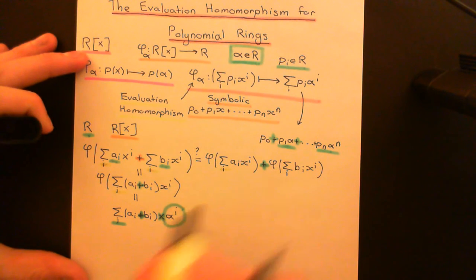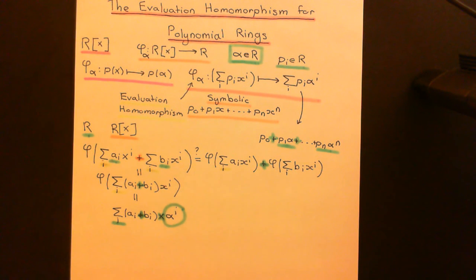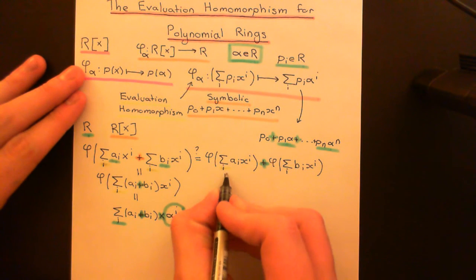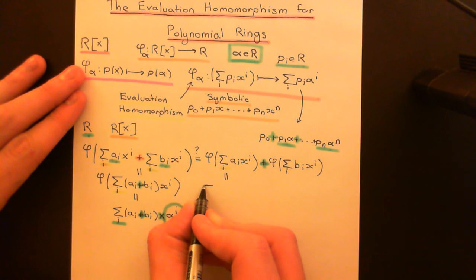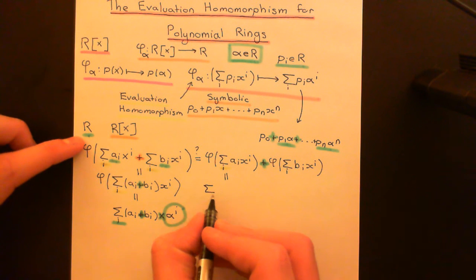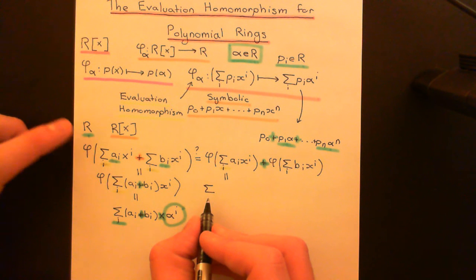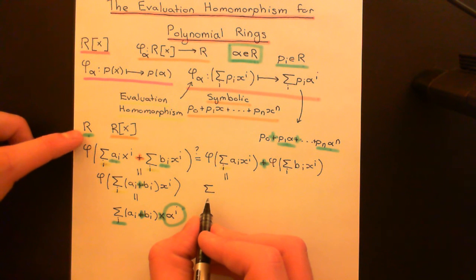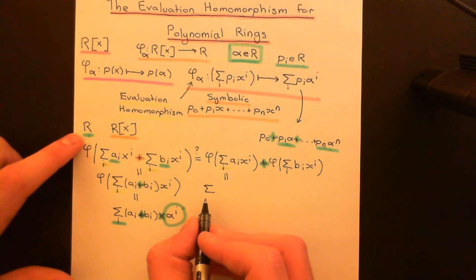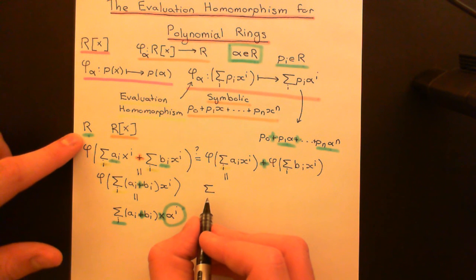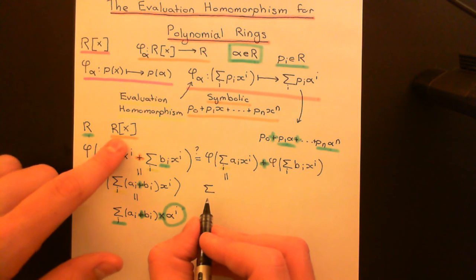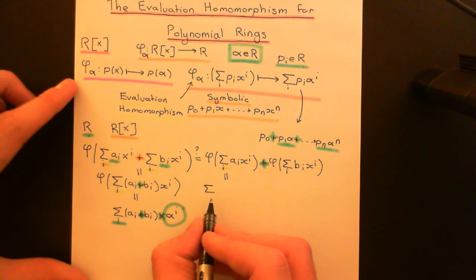This was just a symbolic sum, a boring symbol here, and now we've actually turned this into a real sum in the coefficient ring, capital R here. I apologise for continually moving between calling this the coefficient ring or the codomain ring. Those two words can both be used to describe this, because of course it is the codomain ring of the evaluation homomorphism, and it's also the coefficient ring of the ring of polynomials here.